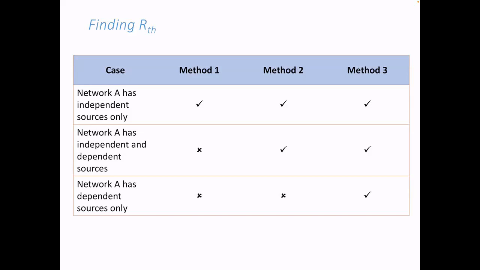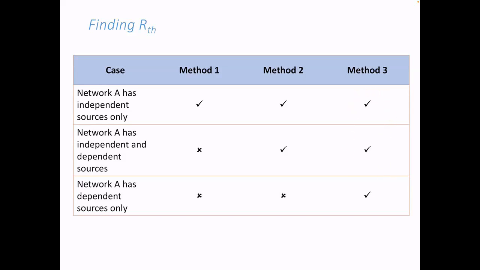The easiest method is the first method that we learned, but you can only apply that for this first case. The second method that we learned, where you get the open circuit voltage divided by the short circuit current, you can apply that to both these 2 cases. And the last method that we learned, which is the only method available if your circuit has dependent sources only, you can actually use for all 3 cases.